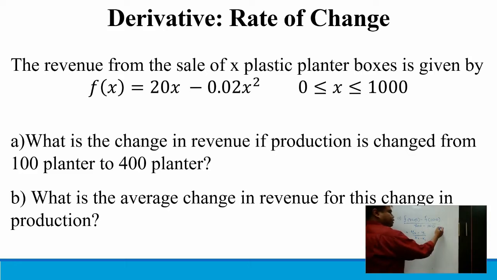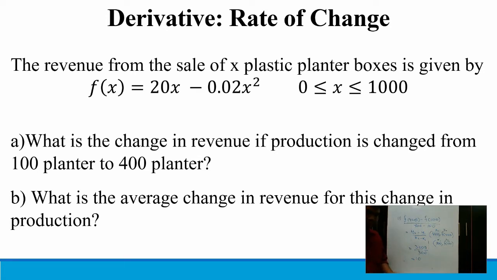F(400) is x2, y2, and f(100) is x1, y1. For this case, you know that f(400) minus f(100) is 3,000, and 400 minus 100 is 300. So the value will be 10.